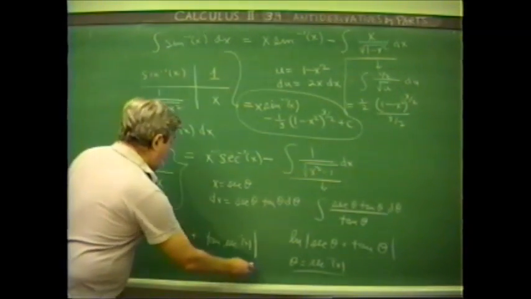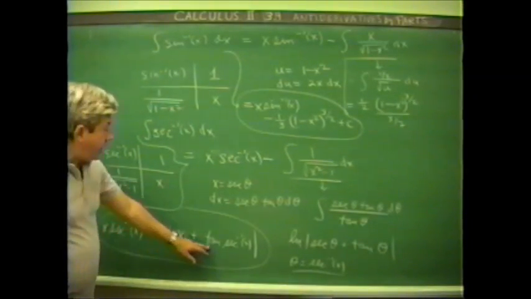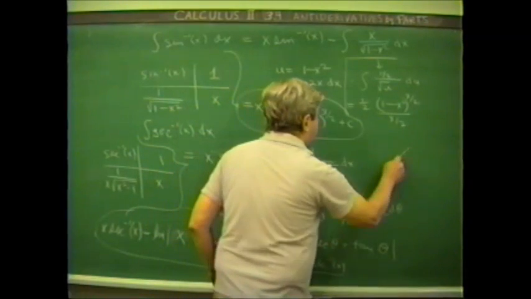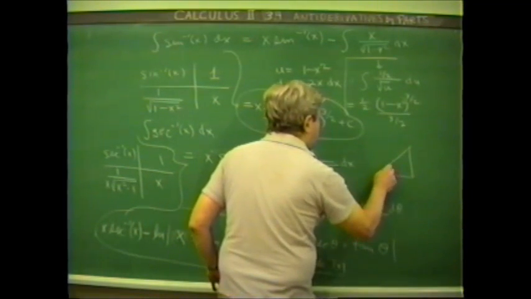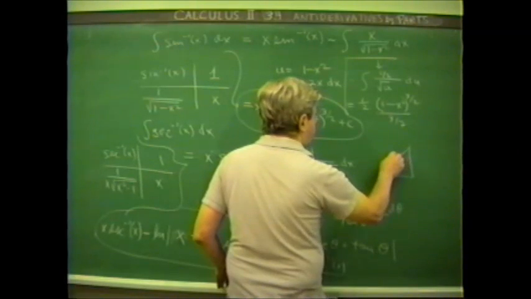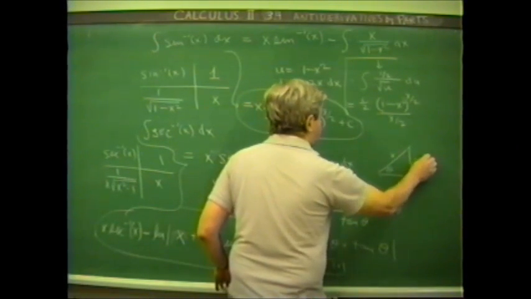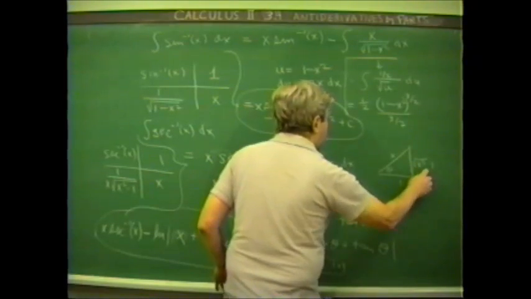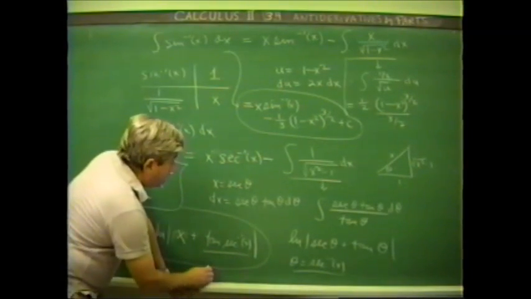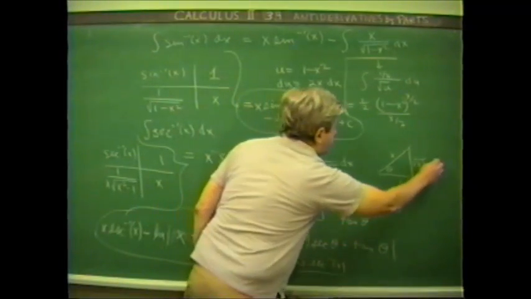Now this looks bad, perhaps, as an answer here. The tangent of the angle whose secant is x, however, can be simplified. If theta is the angle whose secant is x, then this is x to 1, and so this is the square root of x squared minus 1, and so the tangent of the angle whose secant is x is the square root of x squared minus 1.